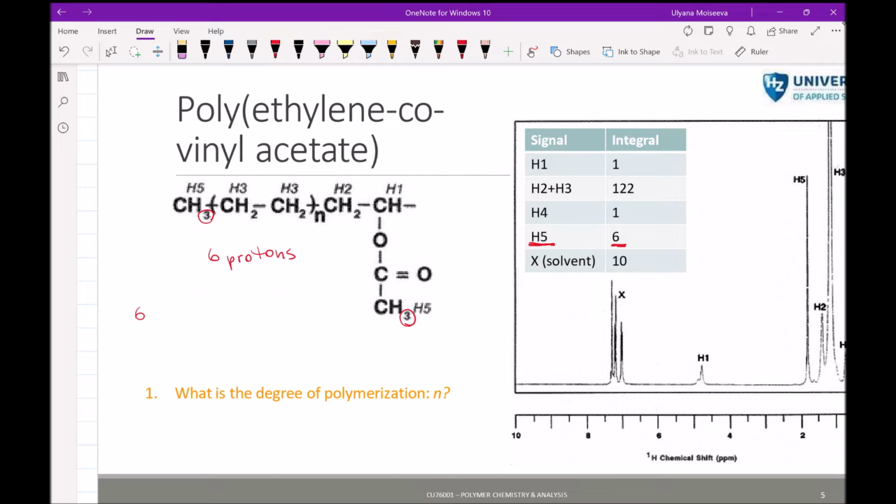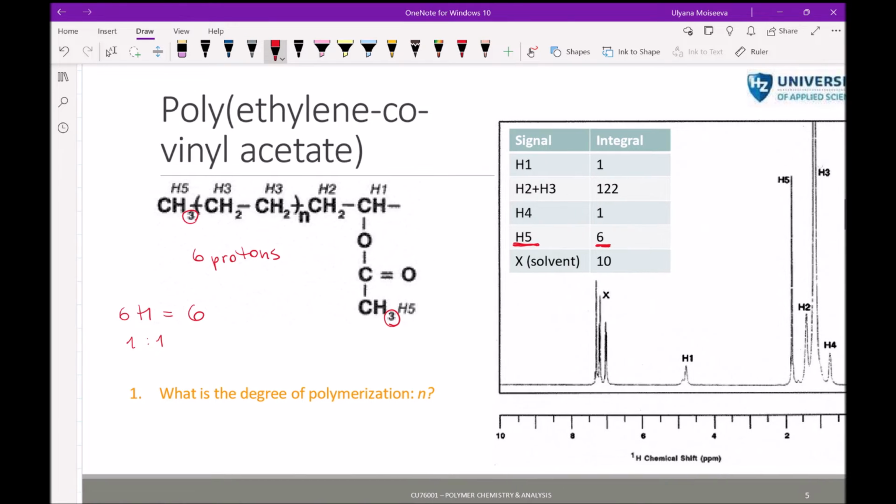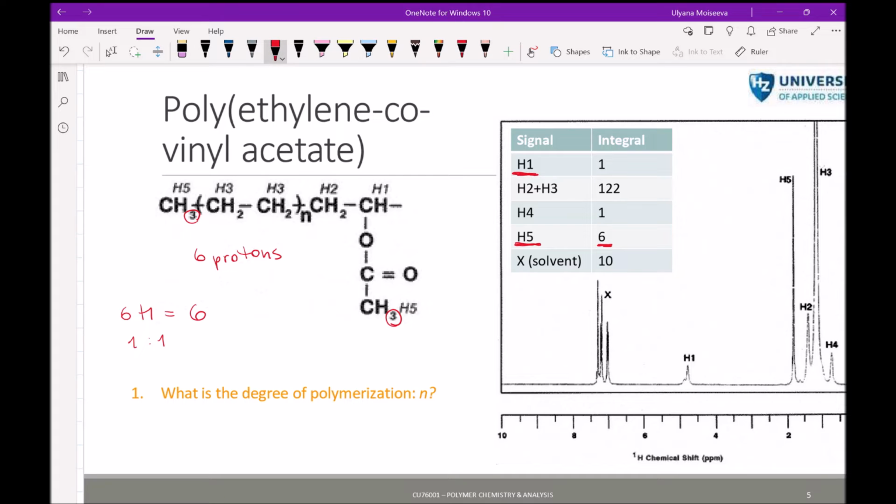So for 6 protons, we have an integral of 6. So the ratio of integral per proton is 1 to 1. The same can be proved using H1. We have one proton, and the integral is 1. So again, the ratio is 1 to 1. Therefore, we can figure out the rest.